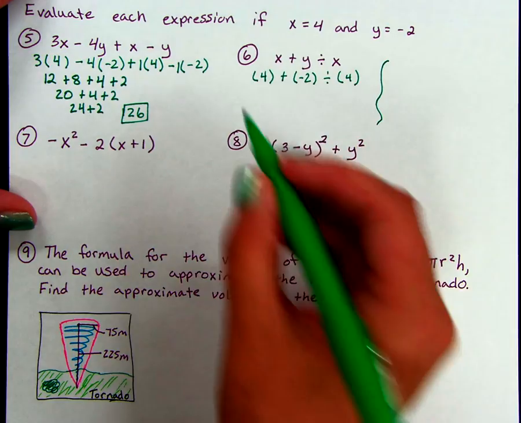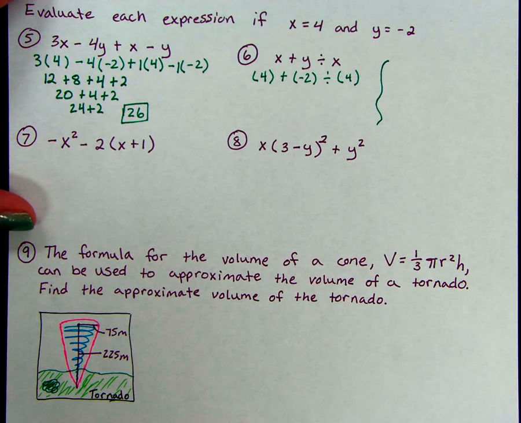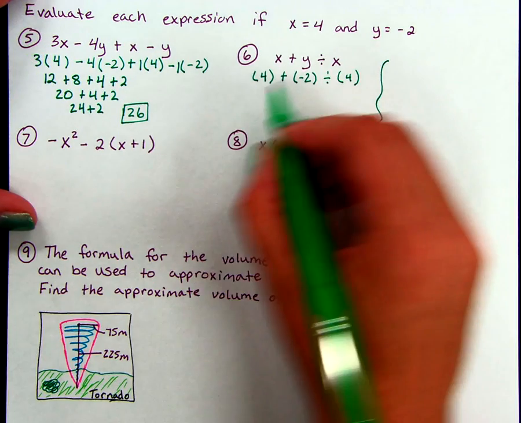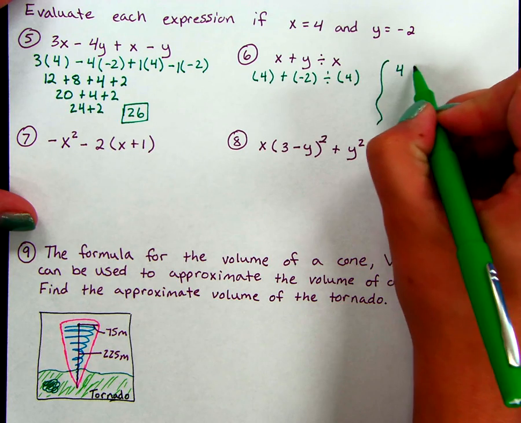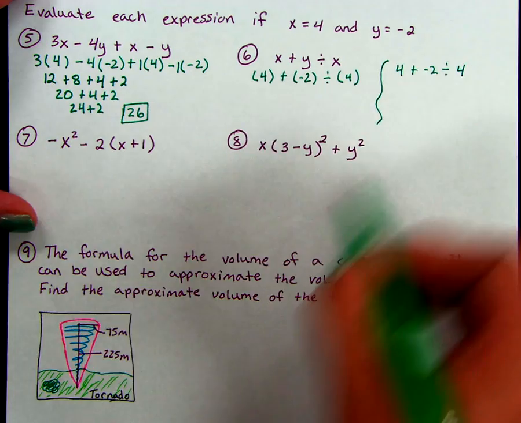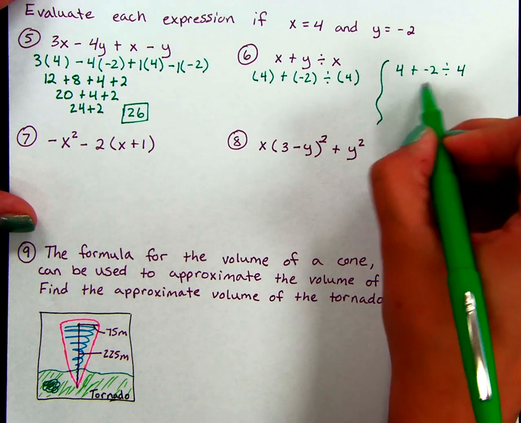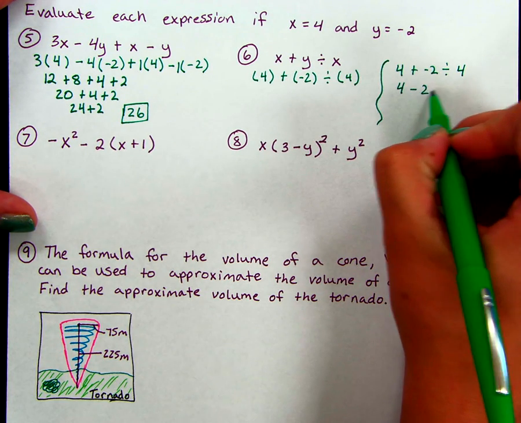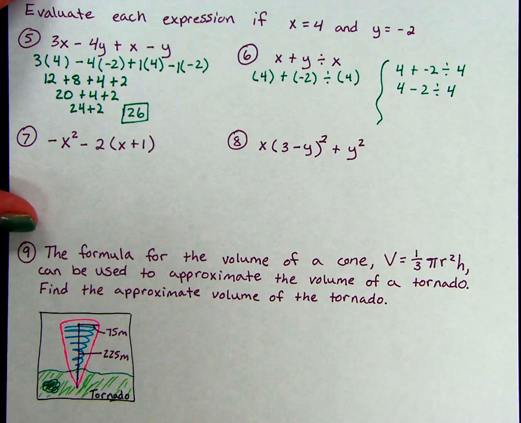Because I know that I'm just taking each one of them times a 1, so it's not going to change what they are. So I can write this as 4 plus a -2, and then divided by 4 if that's easier. And then we would just simplify that sign here to be 4 minus 2 divided by 4. Okay? So that's another way that you could do this problem without the parentheses.